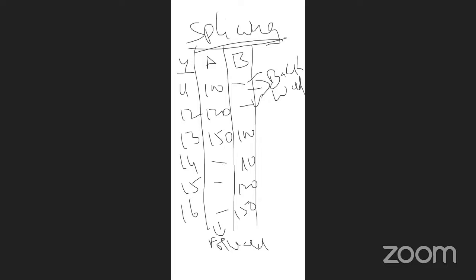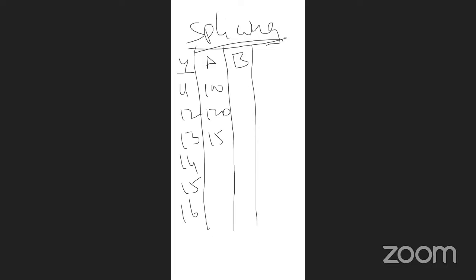We have two things. Splicing is nothing but continuing with your missing values. Those missing values we have to calculate. So let us calculate that. Now, I am calculating the new index.